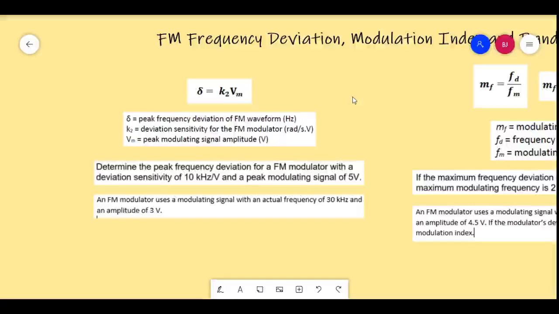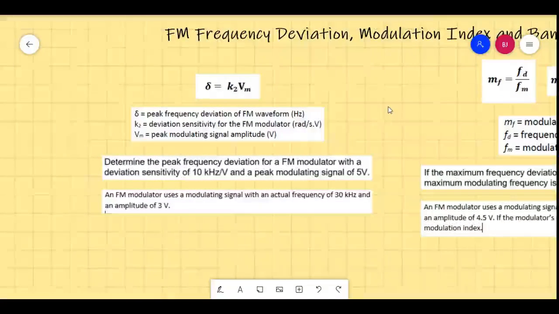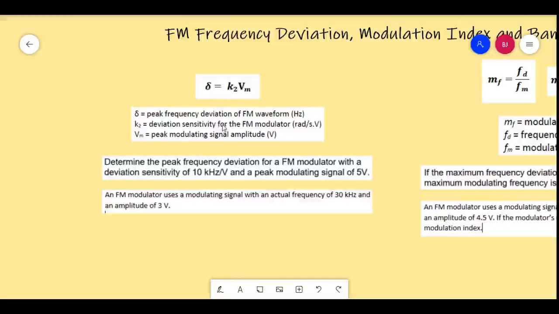So let's take a look at some sample problems we could use in order to determine frequency deviation given the deviation sensitivity, which is K sub 1, and the peak modulating signal amplitude, which is V sub m. For this example, we have a worded problem asking for the peak frequency deviation for an FM modulator with a deviation sensitivity of 10 kilohertz per volt and a peak modulating signal of 5 volts.